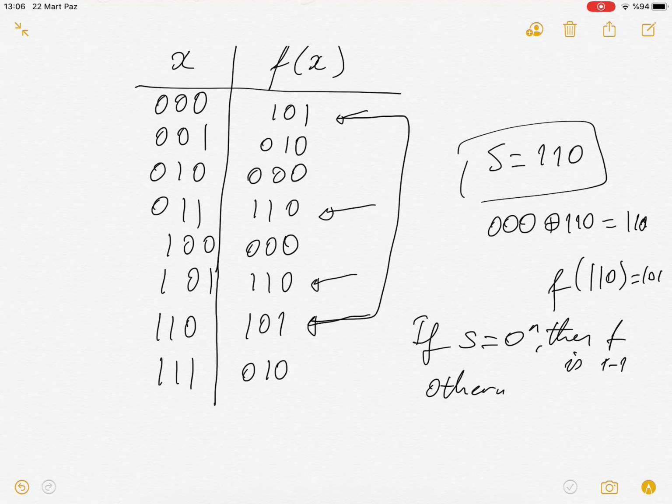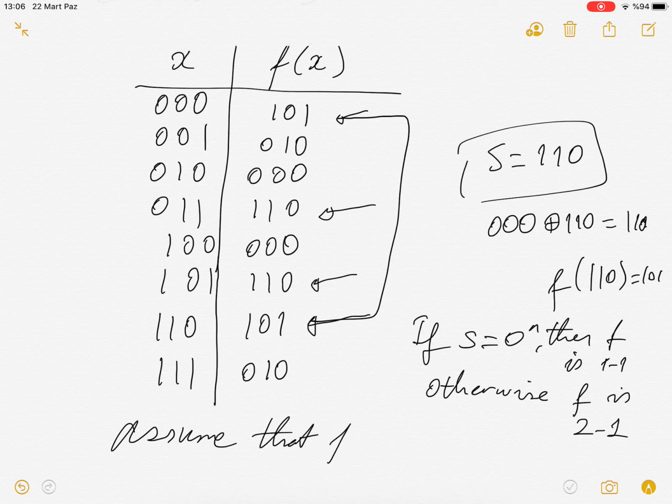But otherwise, f is 2-to-1. Now we suppose that our function is 2-to-1. Assume that the given function f is 2-to-1. So in that case, s is different from all zeros. And the problem is to find this s value, the period s.